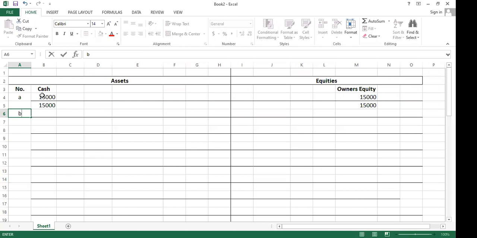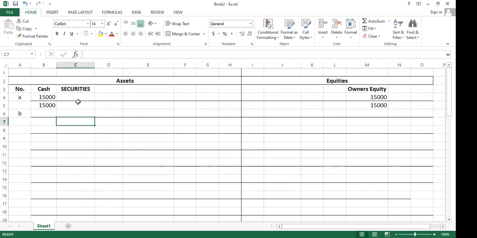Second one is, purchased securities for cash rupees 7,500. Add securities, yes. This is a security bond. The company purchased a security bond of value 7,500. Deduct from the cash 7,500 and add 7,500 for security.